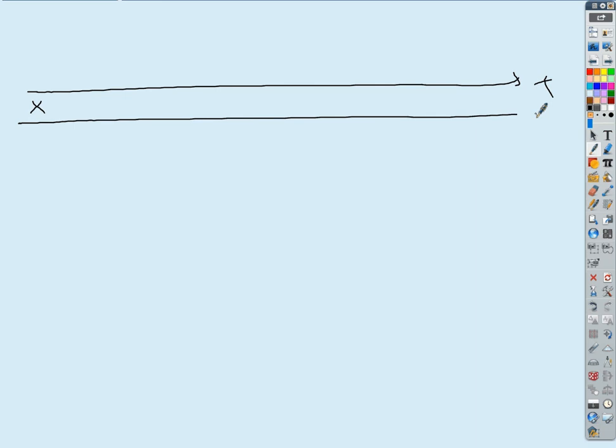Let's say that we're looking for the absolute extrema of f on the interval from -1 to 4. Well, then the x values that I would consider would start at -1 and end at 4.